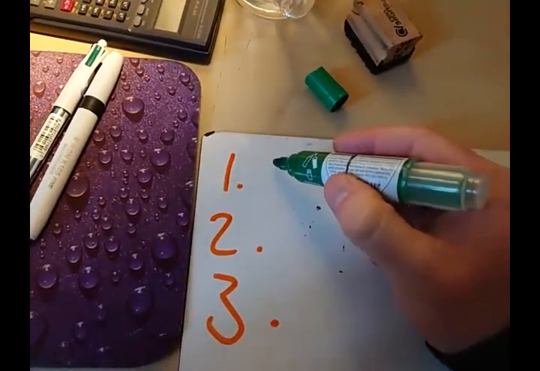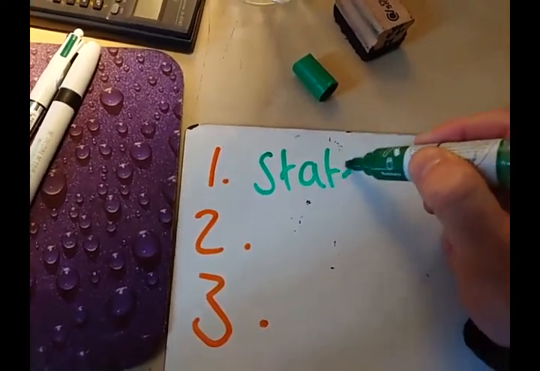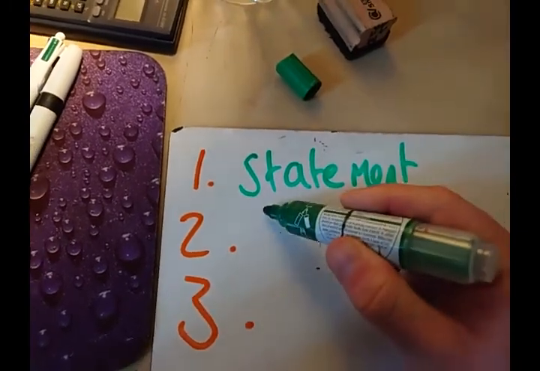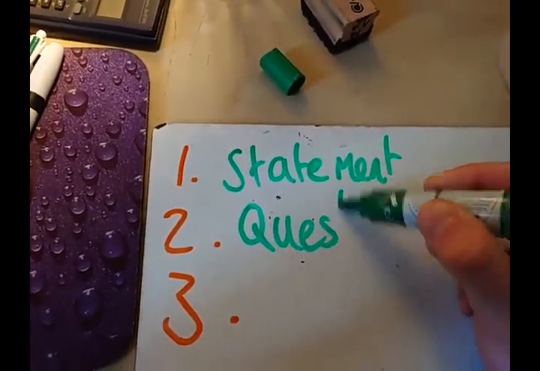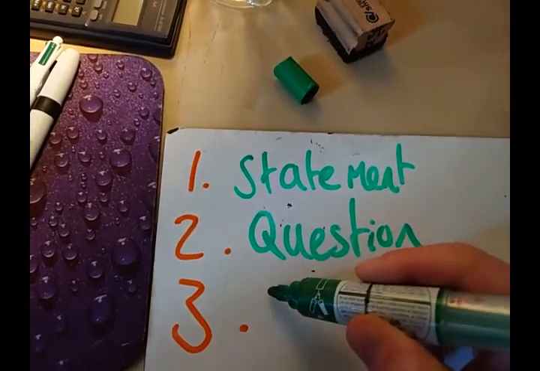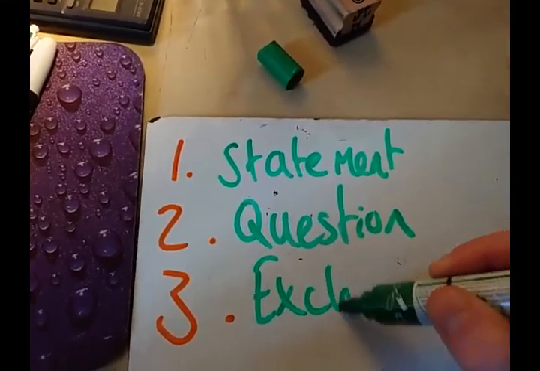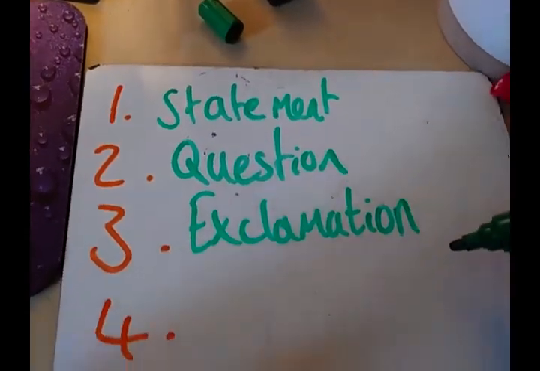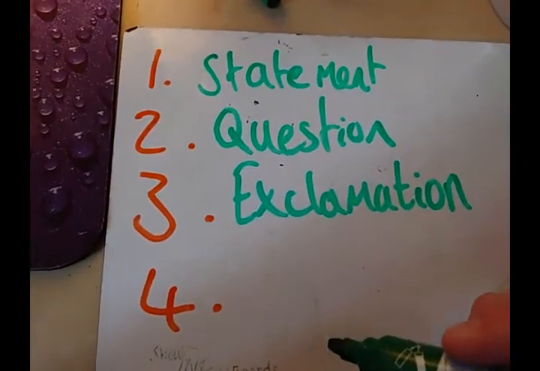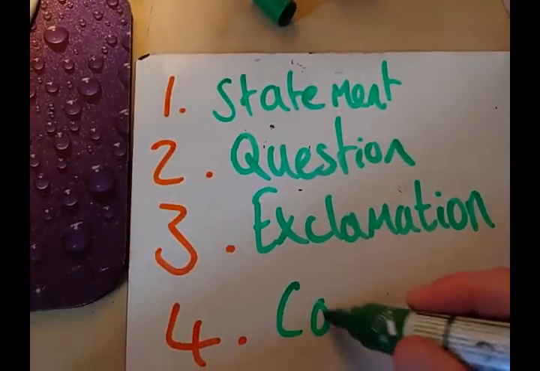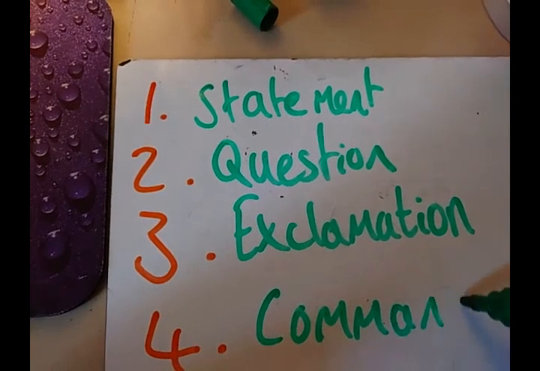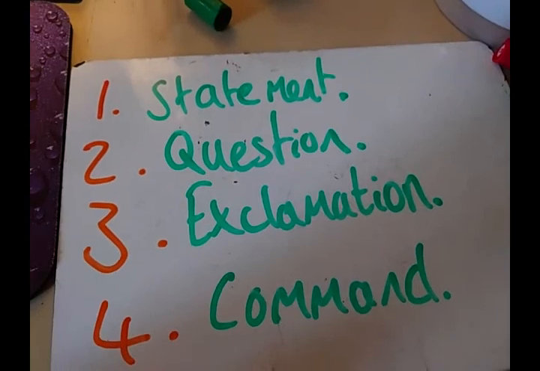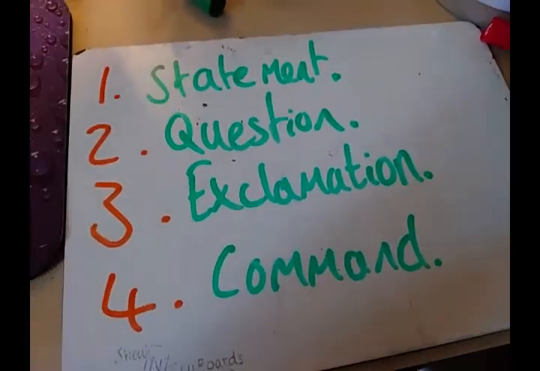You have a statement, a question, an exclamation. The final one, well done if you got the final one. The final one is a command. Statement, question, exclamation, and command.